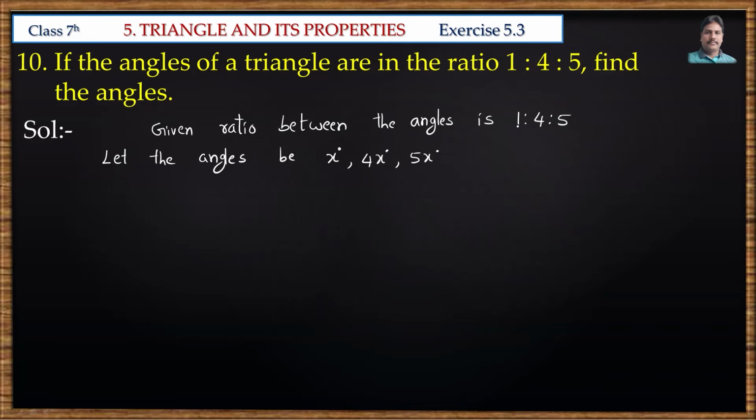Because the first angle's ratio is 1, so it will be the multiple of 1, so 1x means x degrees. Second angle's ratio is 4, so it will be the multiple of 4, that will be 4x degrees, and the third angle will be the multiple of 5, that is 5x degrees.